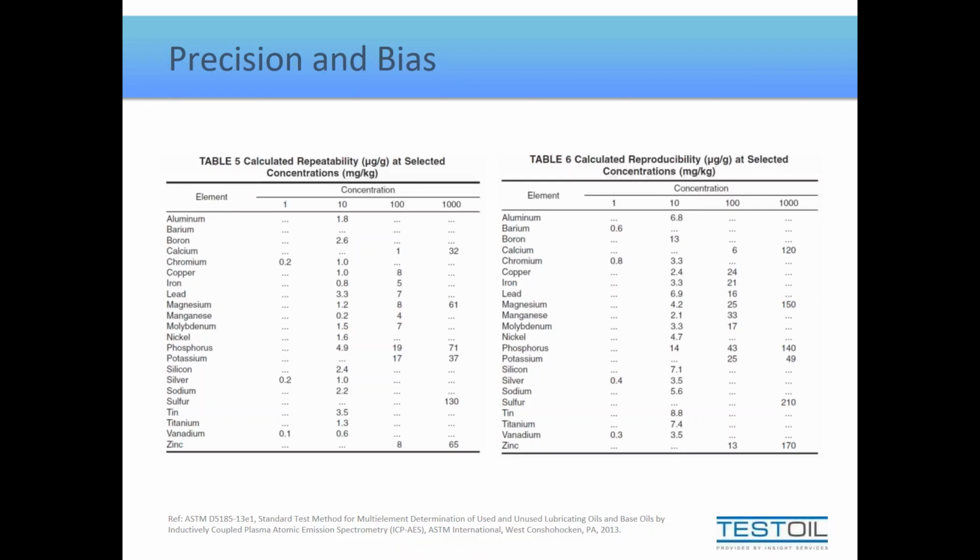If you look to the right-hand chart and look at the reproducibility, however, iron at 100 parts per million now has a reproducibility of 21 parts per million. Meaning that if we took the exact same sample and analyzed it twice, but happened to do it on different instruments or different days or with different operators, we would expect the results to vary by up to 21 parts per million.